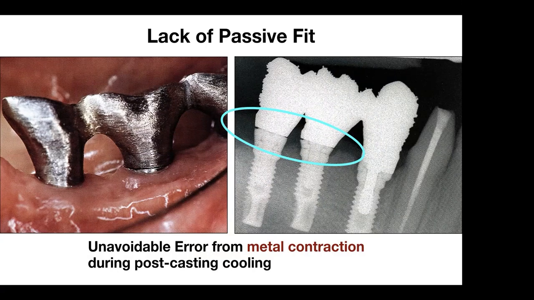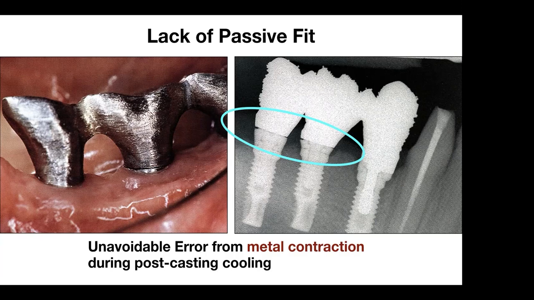And that's probably the one biggest reason we stopped making multiple unit screw retained cast prosthesis and turned around to cement retained prosthesis these days, because we could never solve this non-passive fit from the prosthetic fabrication procedure.